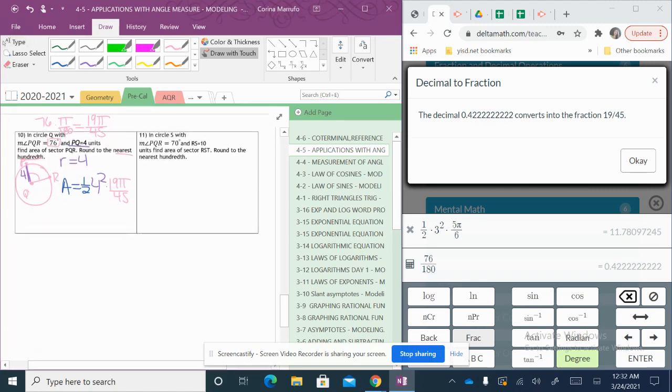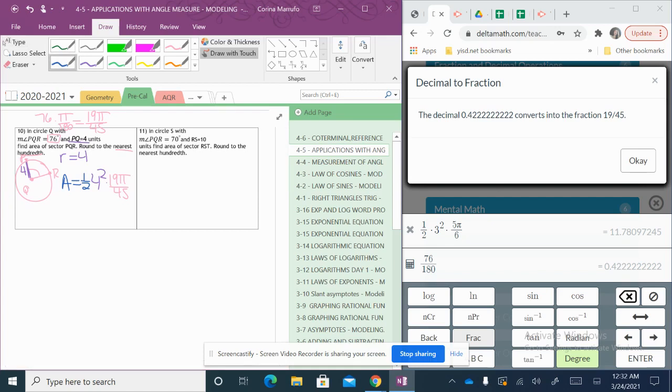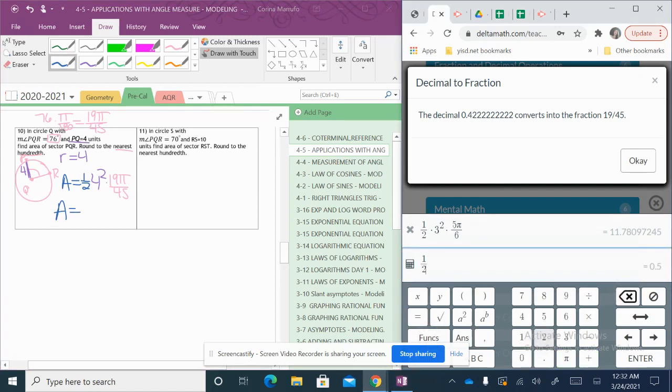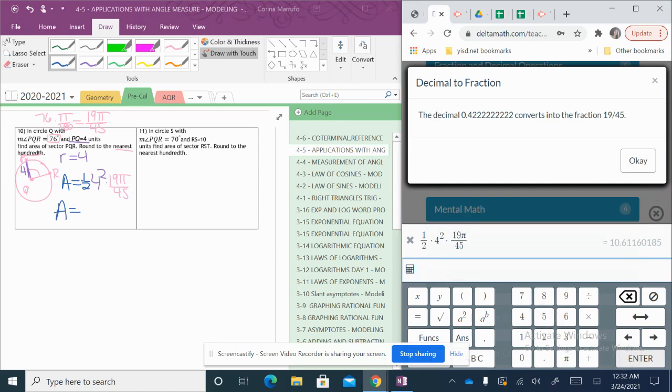So then area equals 1/2 times 4 squared times 19 pi over 45. That gives me 10.6.